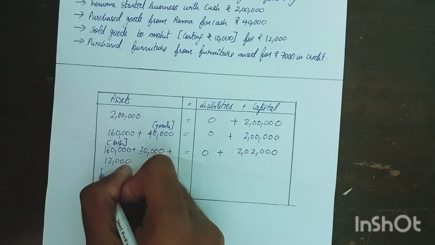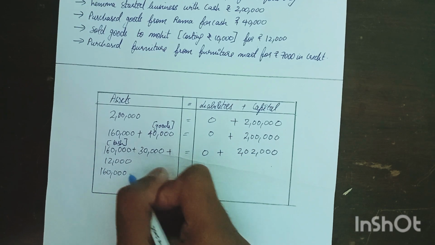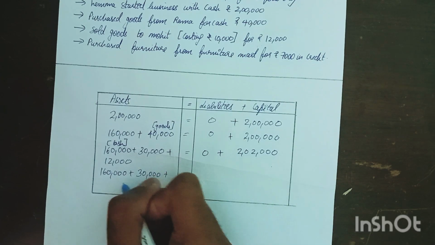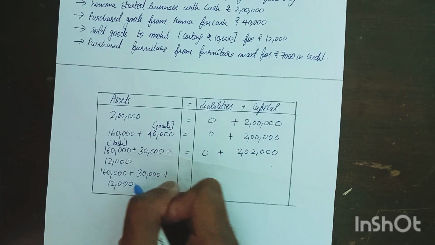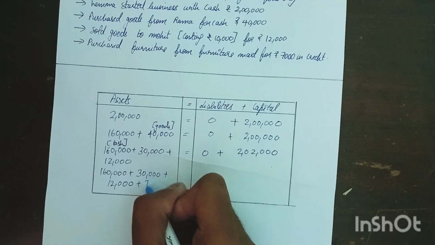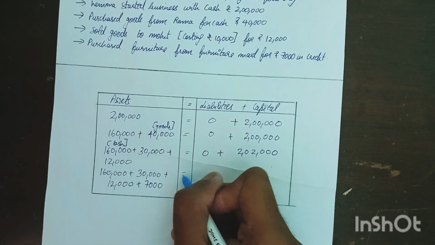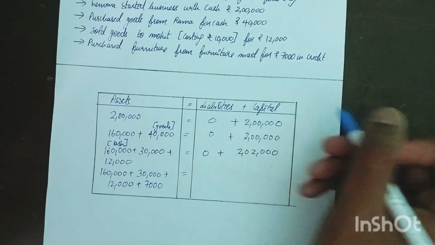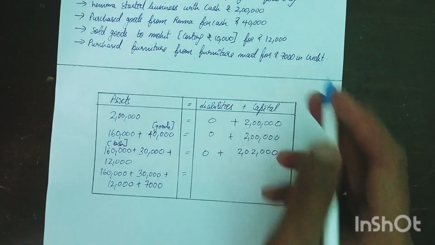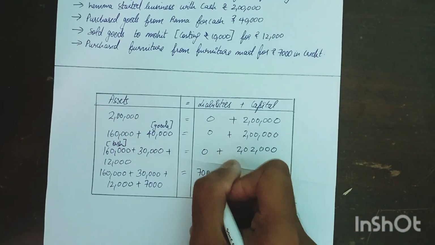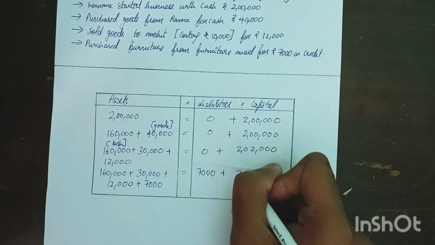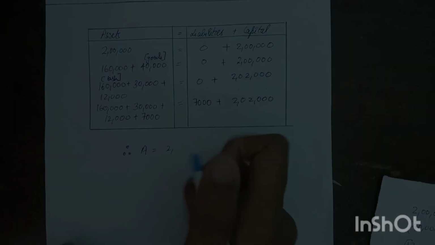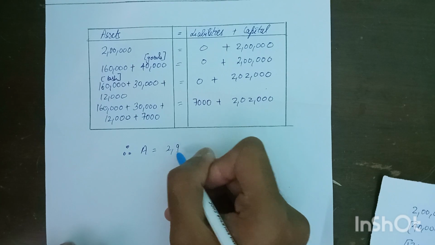So we'll write here 1,60,000 plus 30,000 plus 12,000 plus 7,000, which will give us, first it will write, it is a liability. Okay, we should pay it later, so we'll write here 7,000 plus 2,02,000. Okay guys, so assets is equal to 2,09,000.